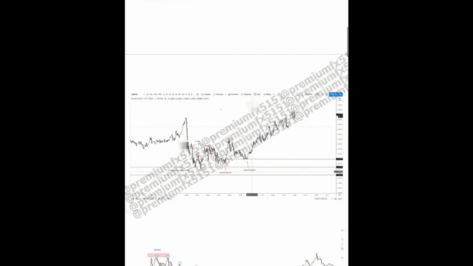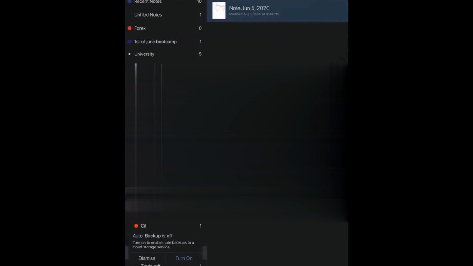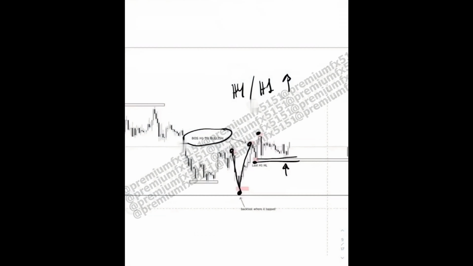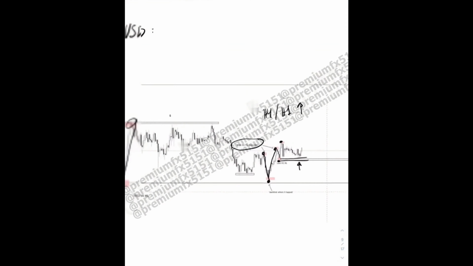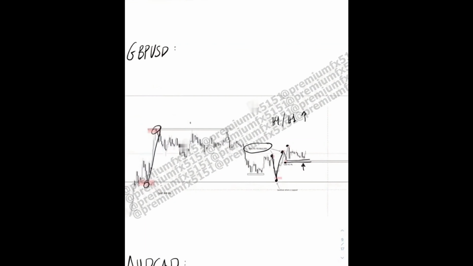Again, I think you guys remember, I'm gonna do it again really quickly. I'm gonna come here. This is an example that I showed you guys the other day based on H4. The time frame is H1, but this was my last H4 higher low, higher high. This is my last push.